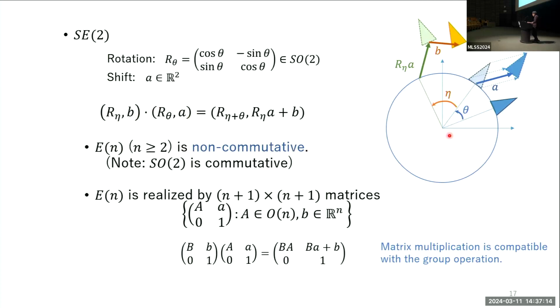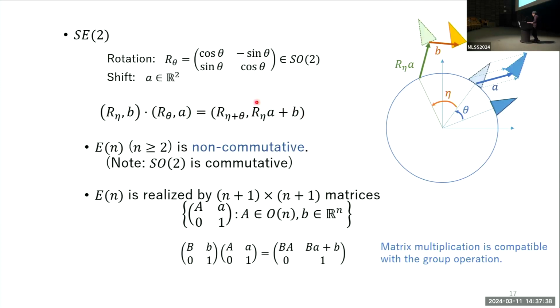So in total, we can see the rotation part is simply eta plus theta. Because SO(2) is commutative, the rotation part just gives the addition of the rotation angles.